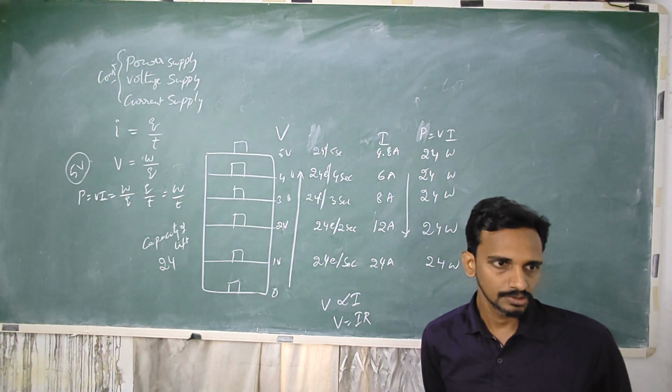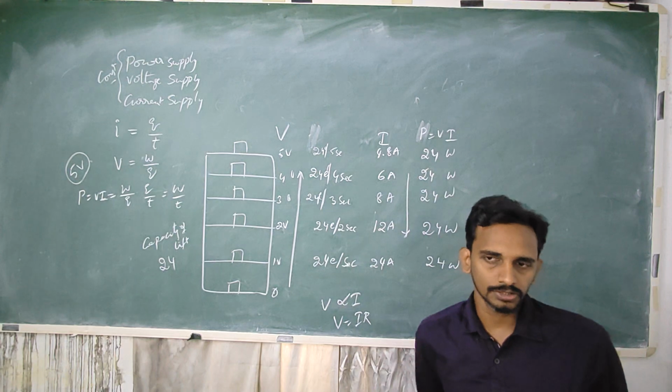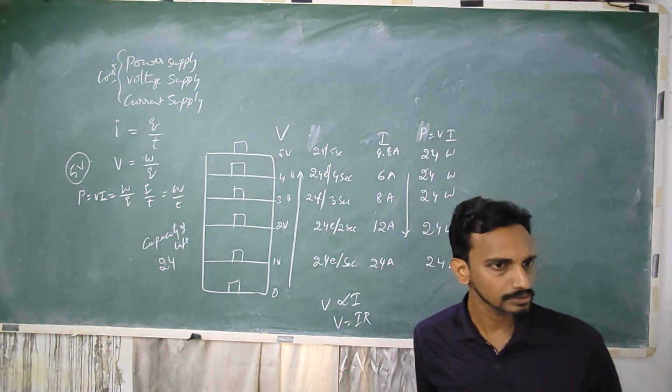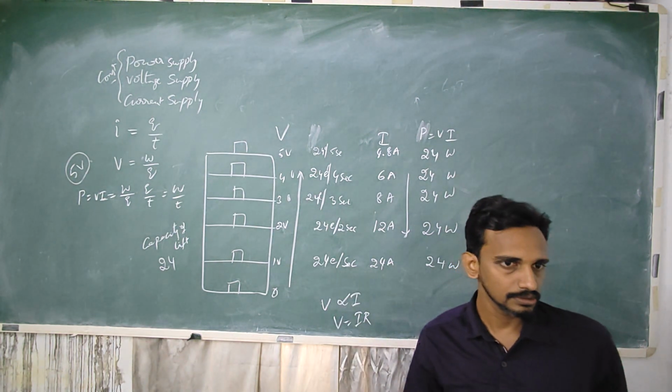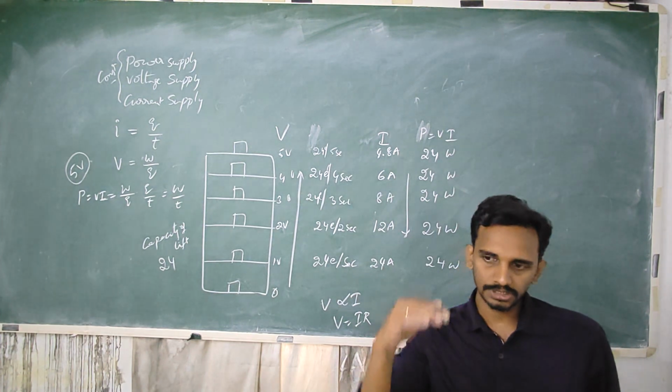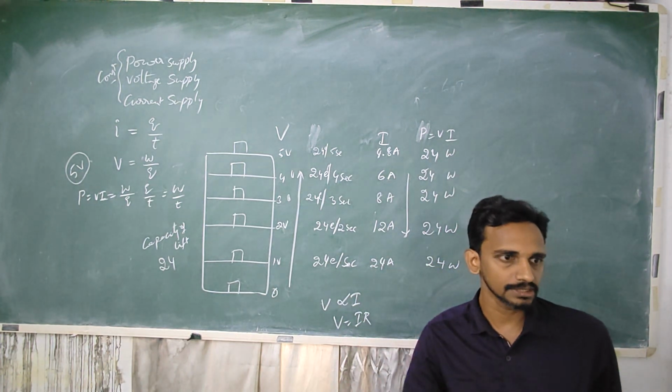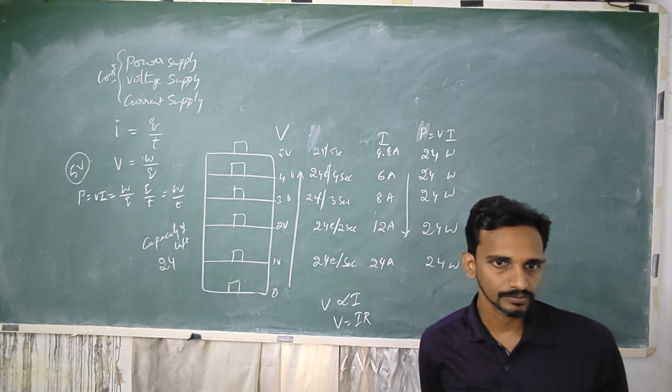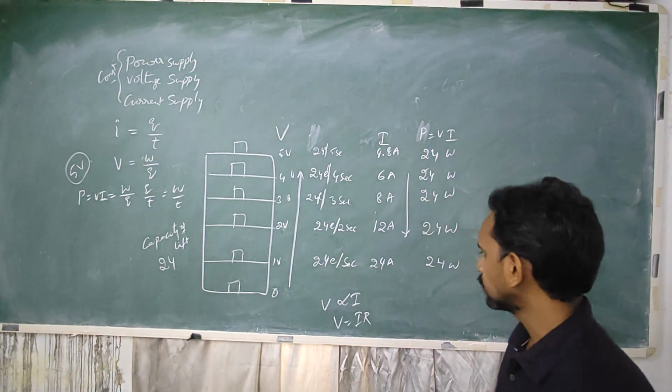Yes. Voltage is independent. Once you choose the floor, the current changes accordingly. So if you have decided to go to the third floor, your current is limited to 8 amperes. Right? So that is how.